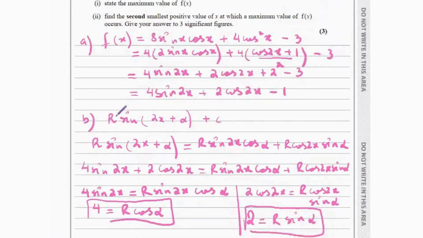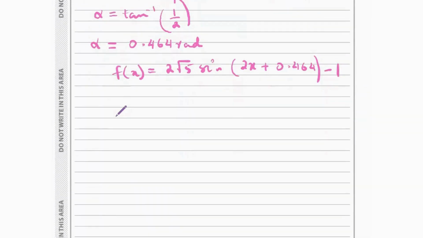For the maximum value of f of x, we should remember that sine has a maximum value of positive 1. So you put sine of 2x plus 0.464 equal to 1, because at 1 they have a maximum value. So it's going to be 2 root 5 minus 1, and that's your maximum value of the function.